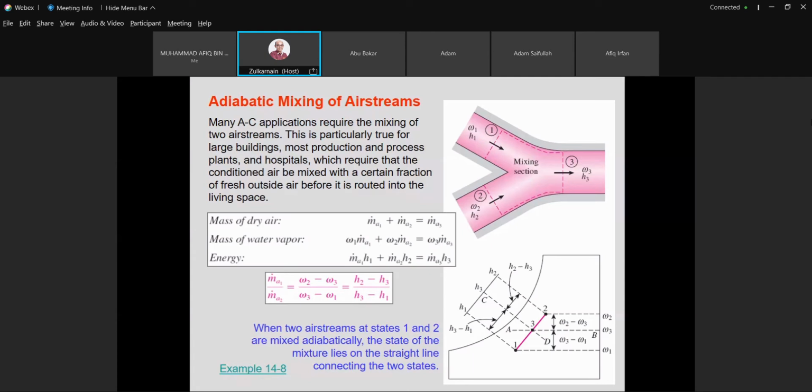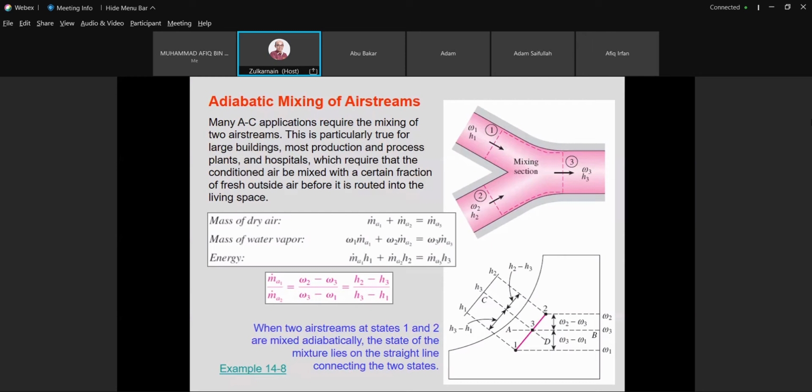And in this case, if we don't have one portion of this delta, because usually we will be left out with one omega that is not known. Okay, and also we are going to have one value of enthalpy that is not known.